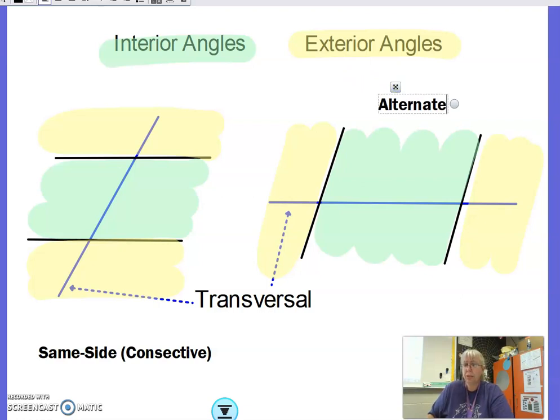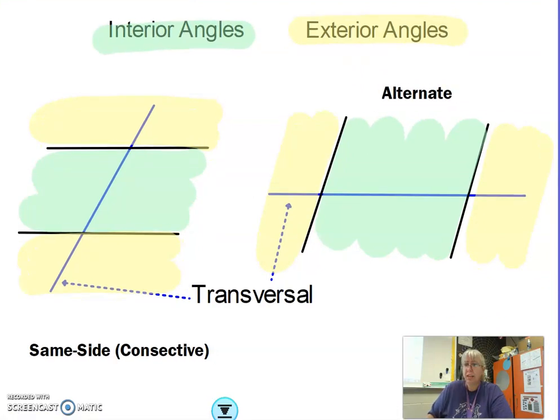So once you have your transversal, if we have same side, we're going to look at things that are on the same side. So these four would be same side or consecutive angles. And then these four would also be same side or consecutive.